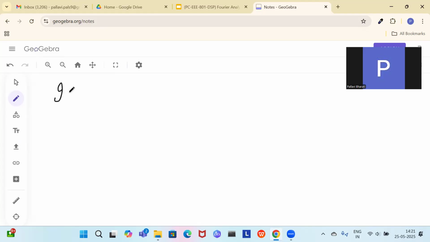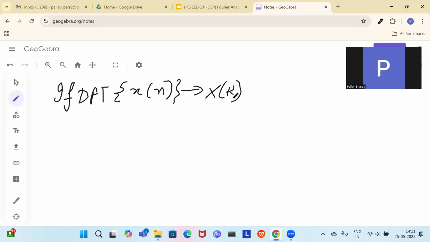So if the DFT of x of n is X of k, then the DFT of x of minus n.